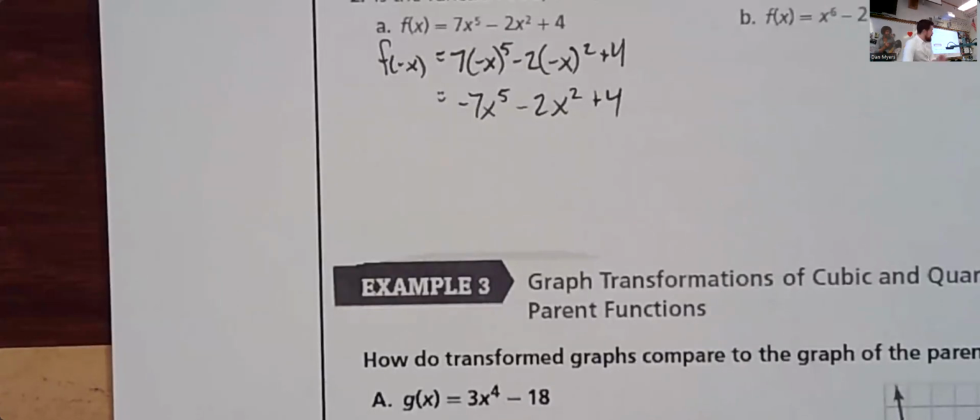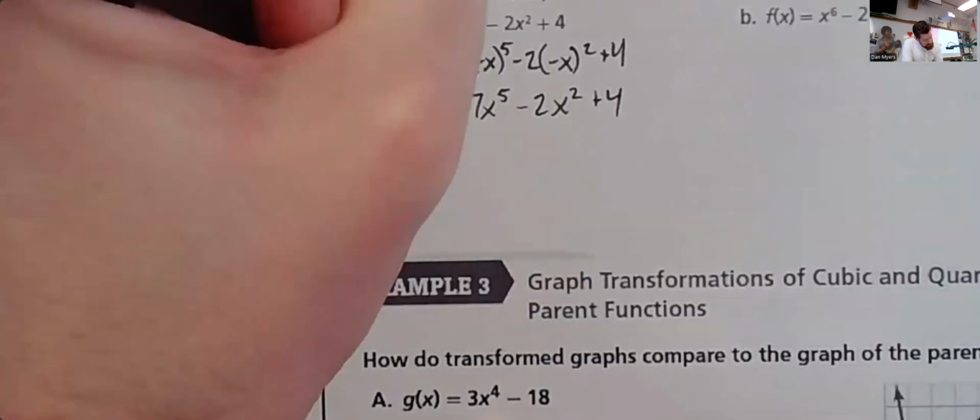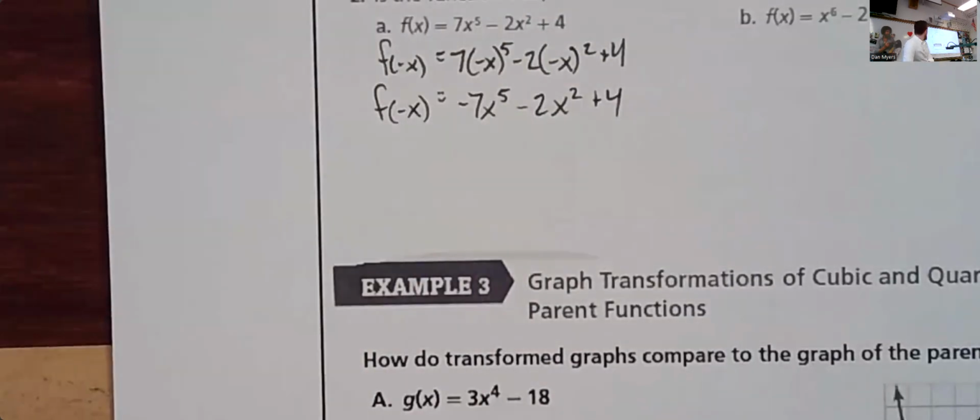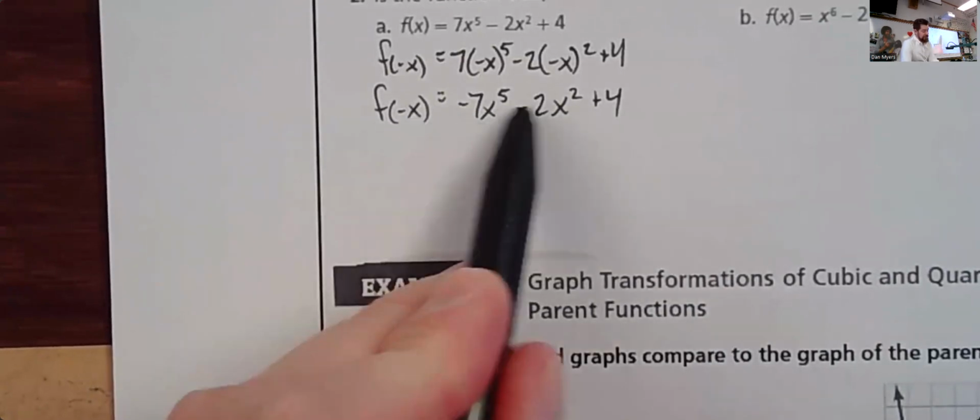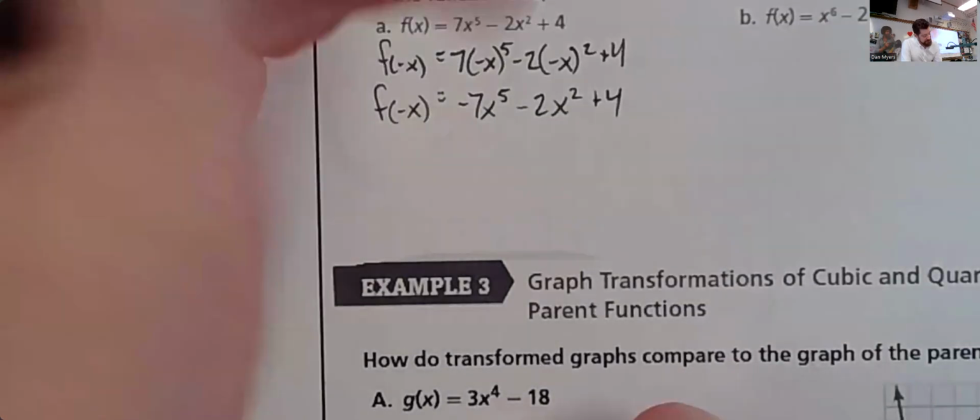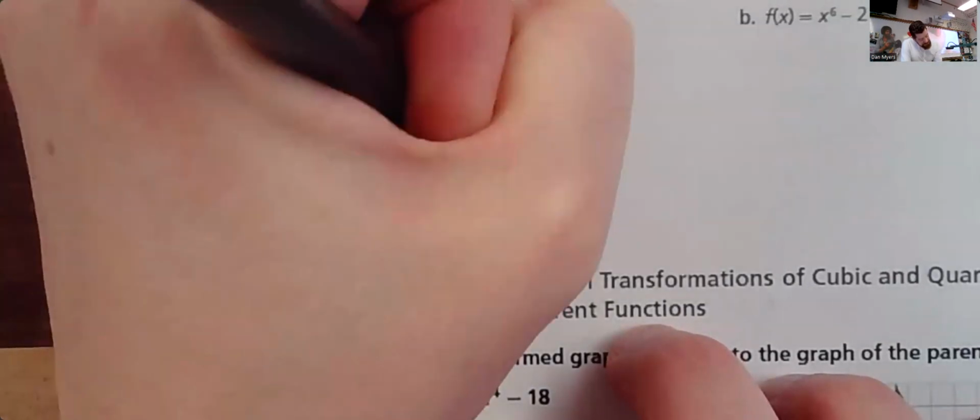So this one, I see what you're saying, Carlos. However, it's not an odd function. It's also not an even function. Here's why. You ready? If we were to remove a negative from all three of these, we would get opposite of 7x to the 5th power plus 2x squared minus 4.